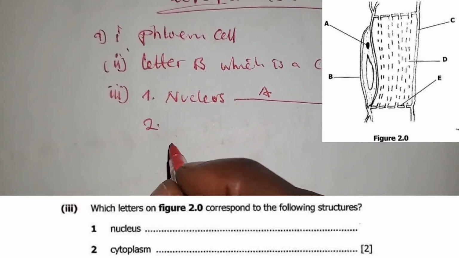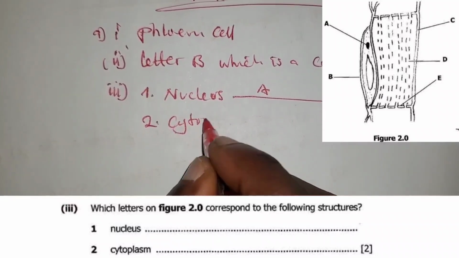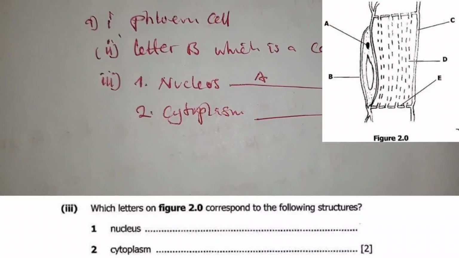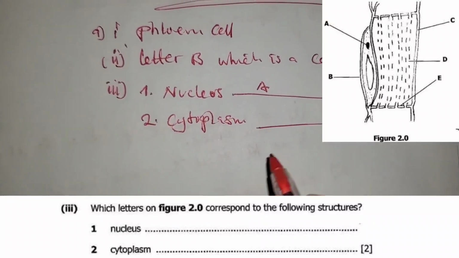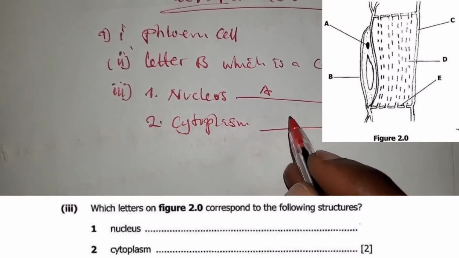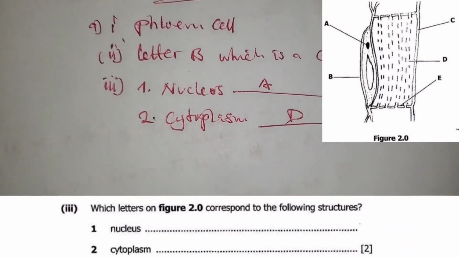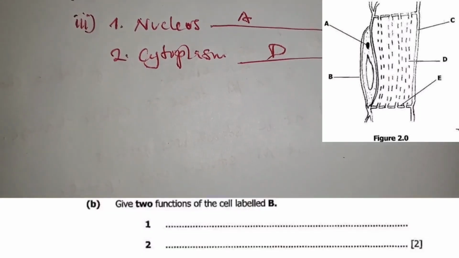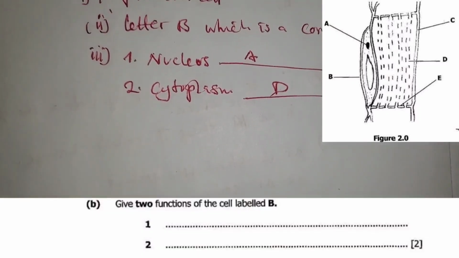Then number 2, cytoplasm. So cytoplasm there is D. Okay. D is cytoplasm. Then let's go to question B.